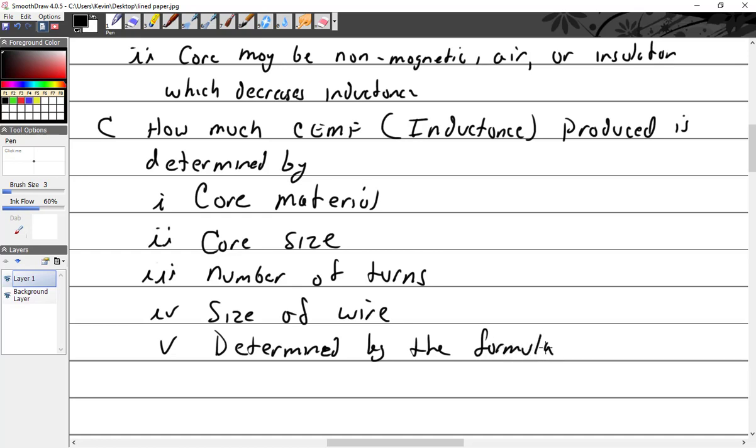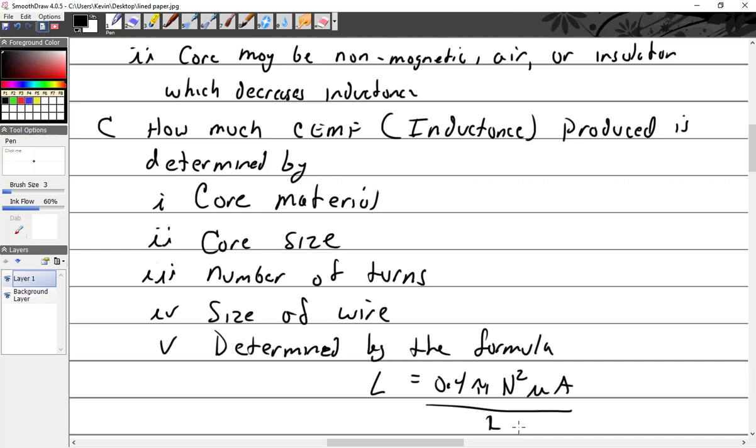It's not determined by the formula. I could tell you the formula, but you don't need to know it, and it's not something you need to write down or memorize. I'll just say it because I started it. 0.4 pi times number of turns squared times the core permeability, all divided by the length of the core, gives the Henrys.